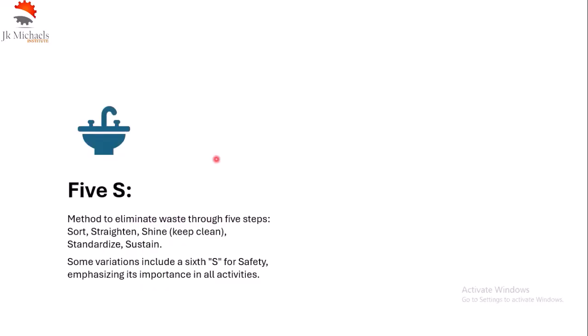We have standardize, to use standard operating procedures or very specific work instructions to operate or manage the workspace and manage inventory. And then we have sustain, to have a culture that encourages sustaining all of these good habits.